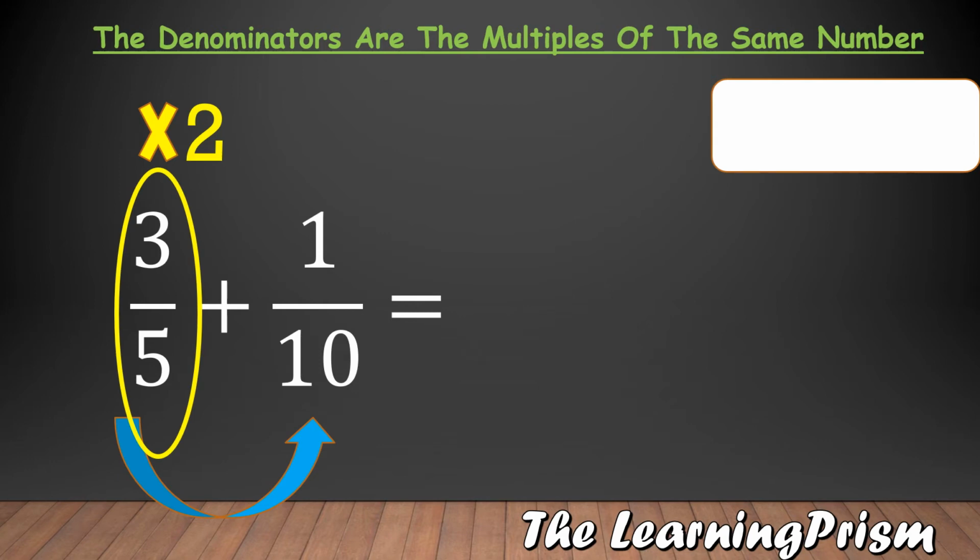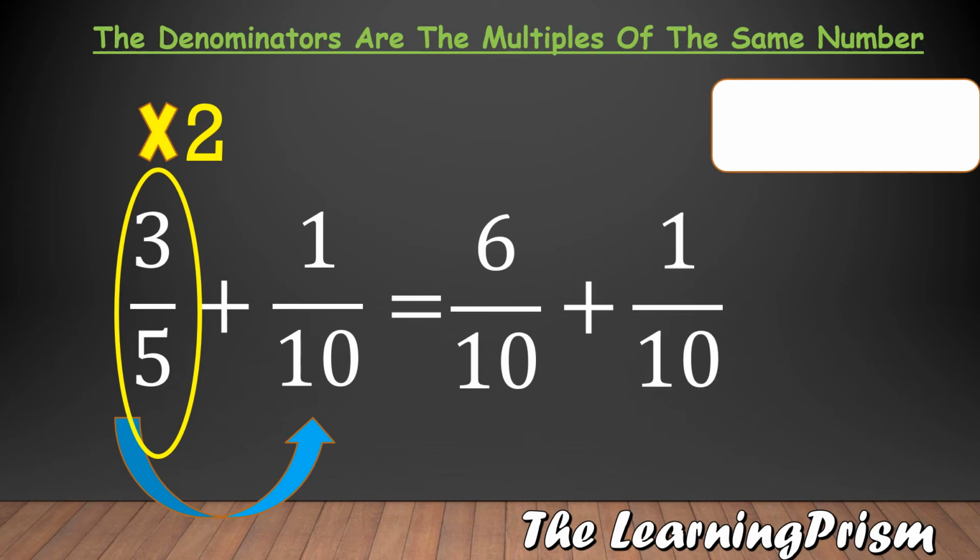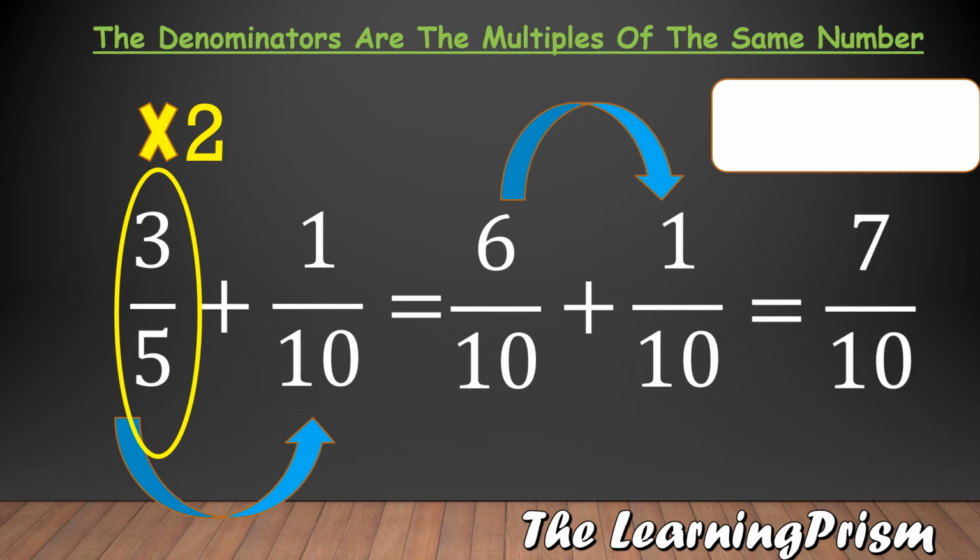You need to remember, when we multiply a fraction by a number, we need to multiply the numerator and denominator both. So here 3/5 will become 6/10 and 1/10 will be written as it is. So 6 plus 1 will become 7.